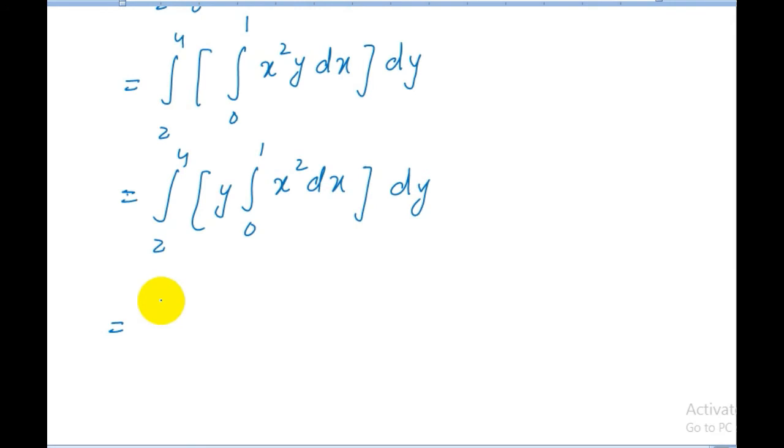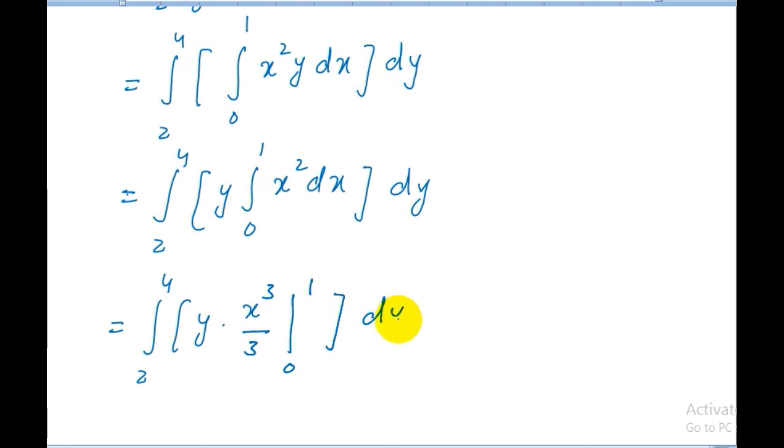This is equal to integration 2 to 4 y, integration of x square is x cube upon 3, and its variation is from 0 to 1, dy.